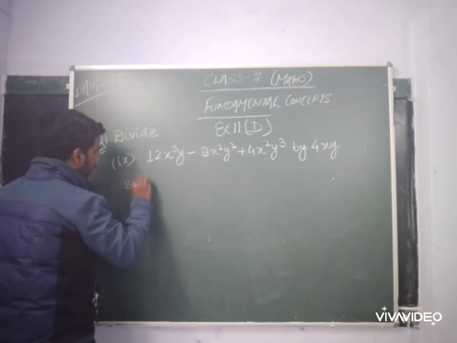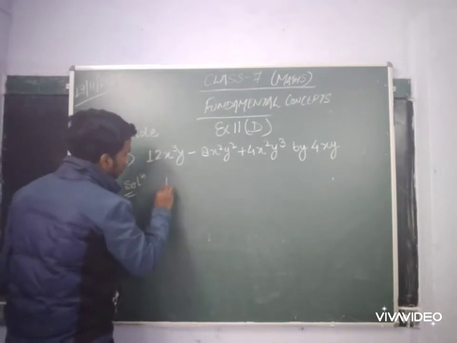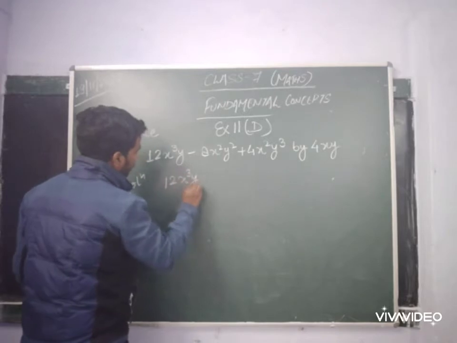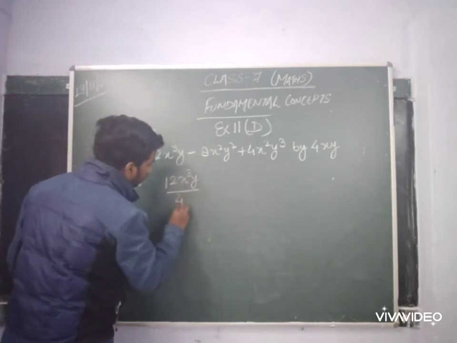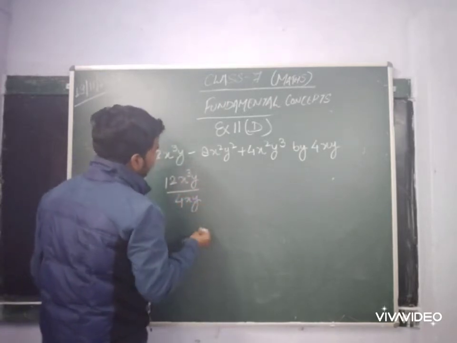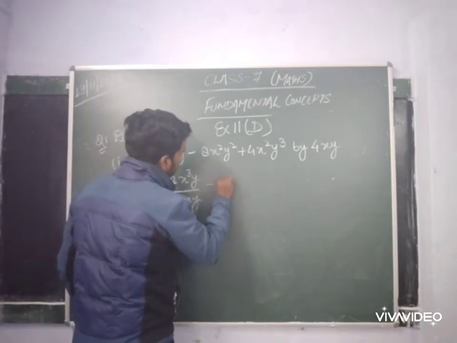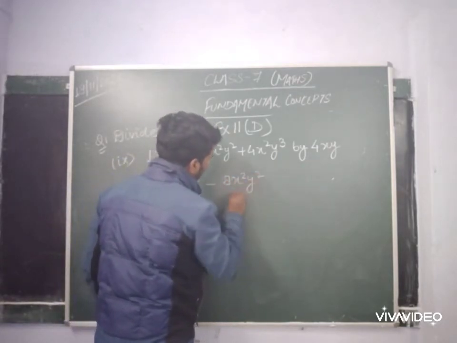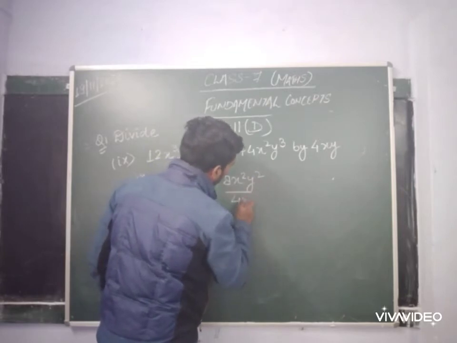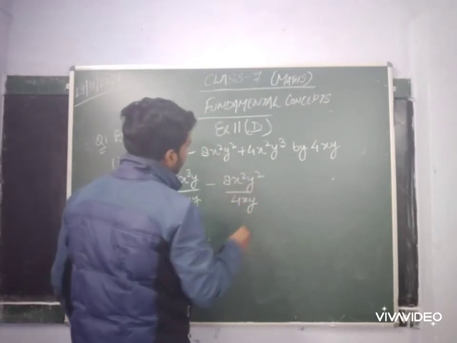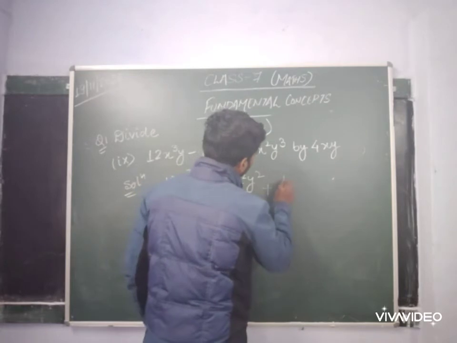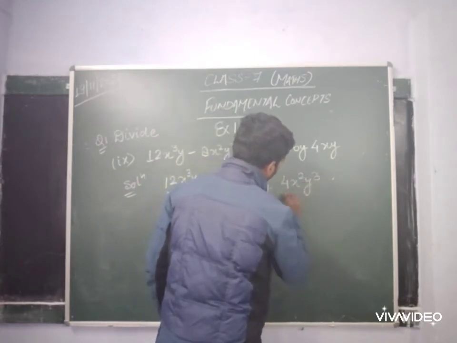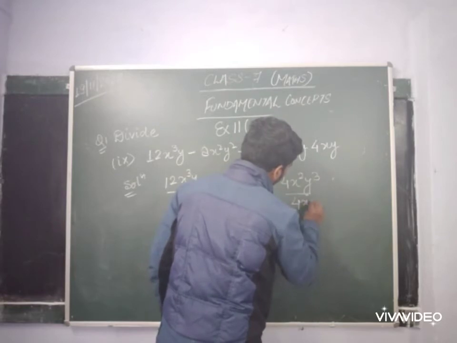So in solution, 12x cube y upon 4xy, then minus 8x square y square upon 4xy, then plus 4x square y cube upon 4xy.